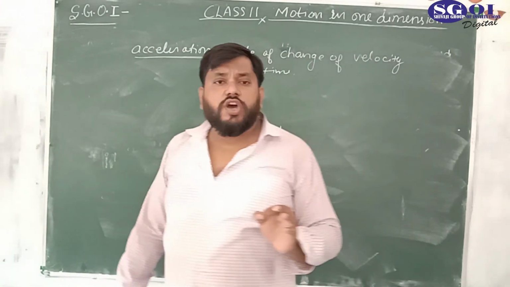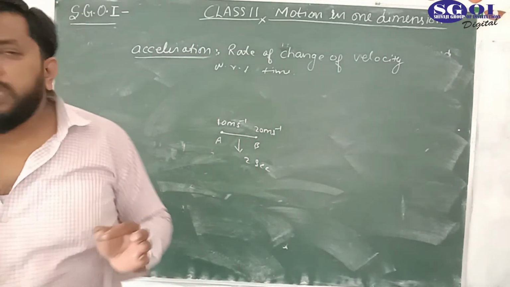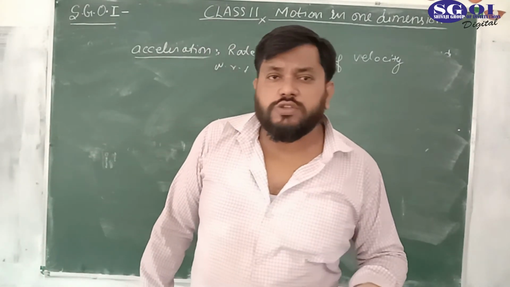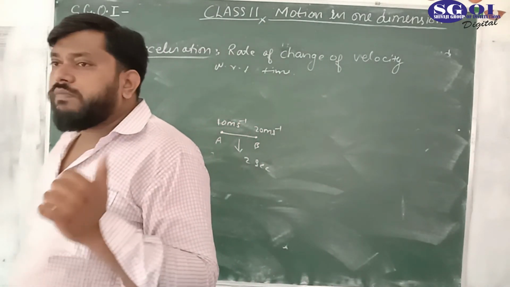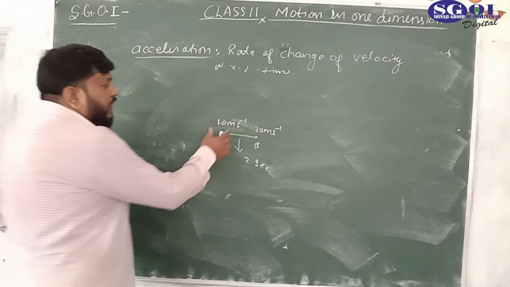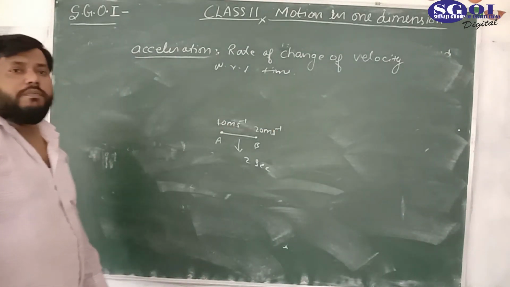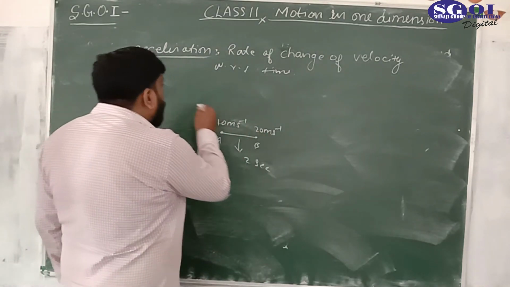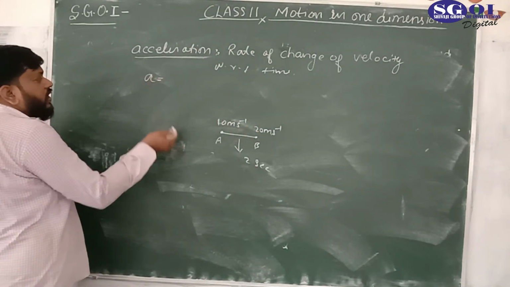And the change in velocity, as I told you, is not only in magnitude, it could be a change in direction also. So velocity could change because of direction also. But here we are taking the example of magnitude. So it means there is acceleration. So the acceleration is defined as change in velocity.